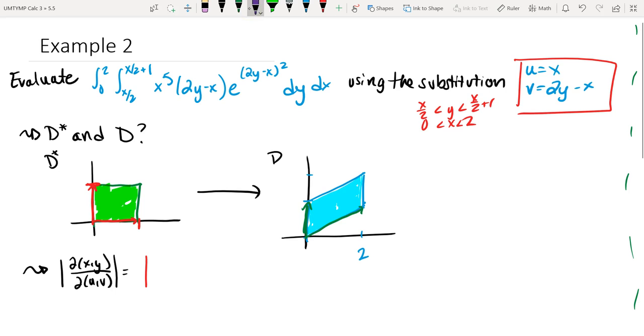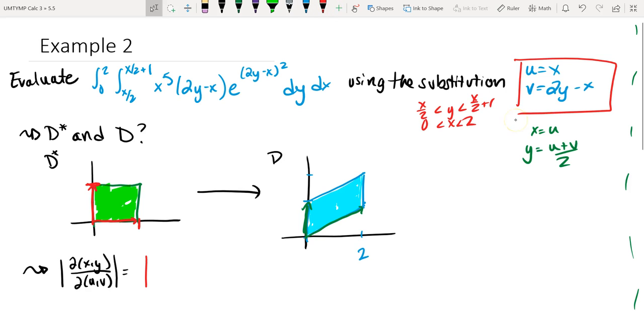I might need to write those in terms of x and y. So the first one is actually kind of nice. This is just giving me x as u. Then if I were to solve this for y, using that substitution, what I would get is that this is u plus v over 2. Okay, and now I can continue with the Jacobian.